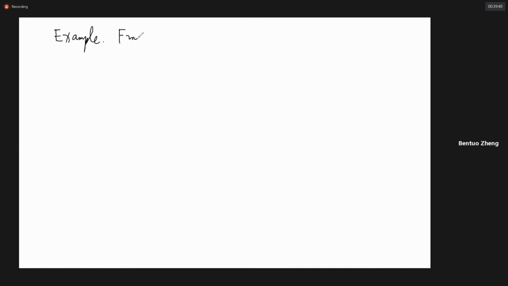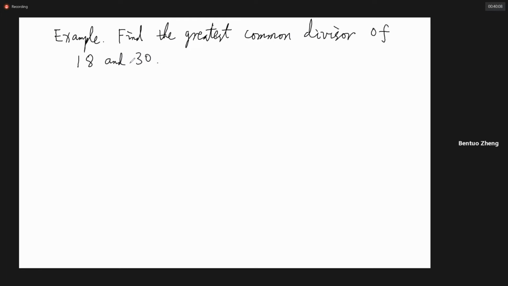Find the greatest common divisor of 18 and 30. To find the greatest common divisor, let's first find the set of common divisors of 18 and 30. So what is the set of divisors for 18?